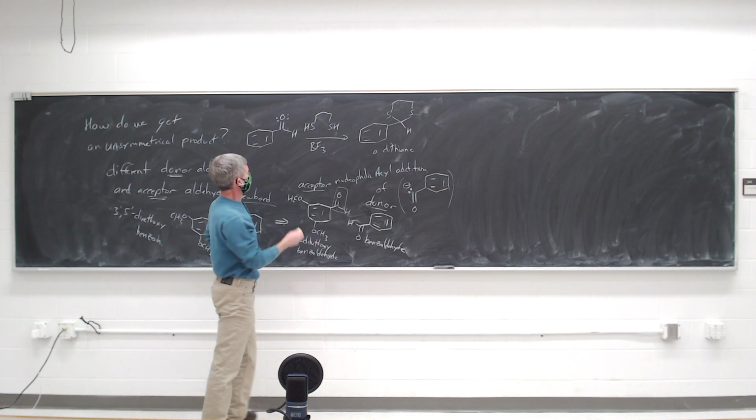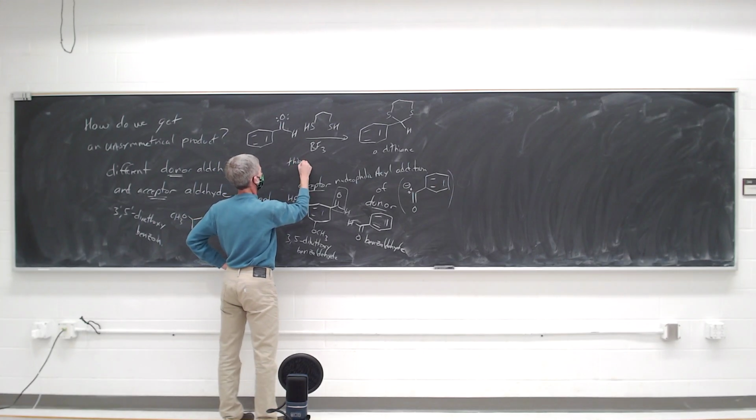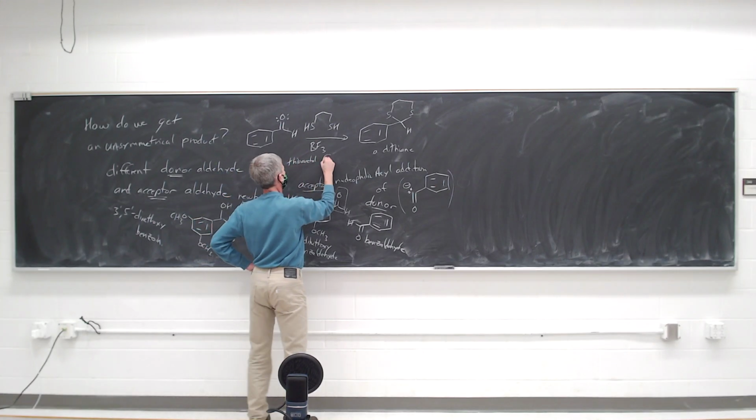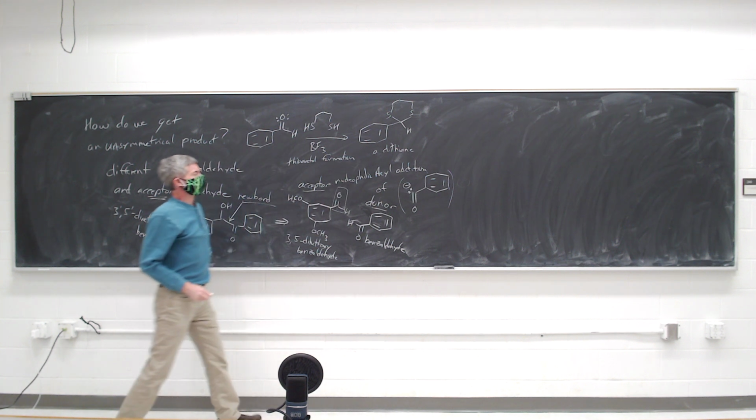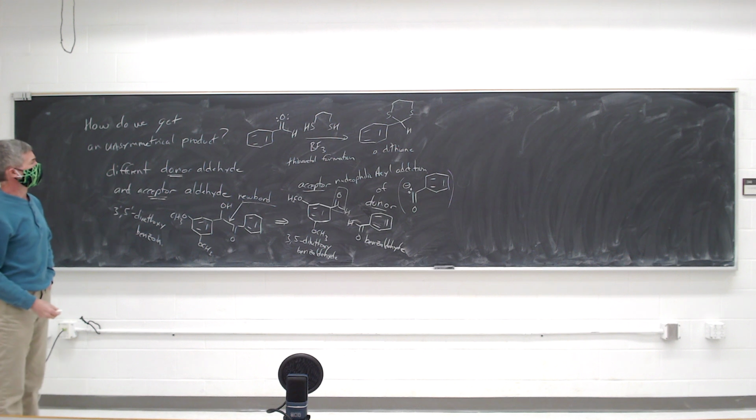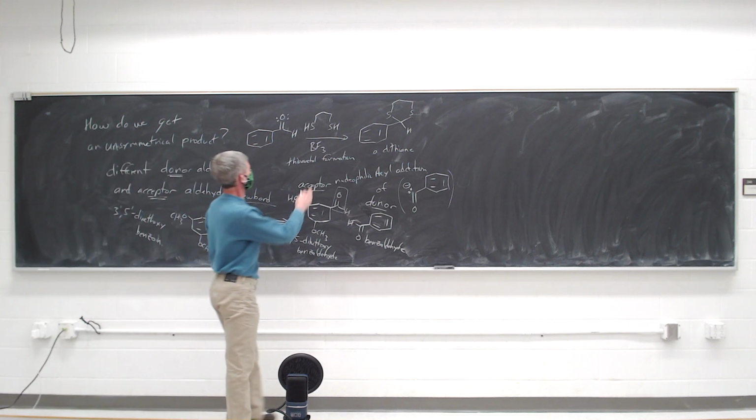So this is a thioacetal formation, which we saw way back in chapter 17, where we take 1,3-propane dithiol and a Lewis acid.